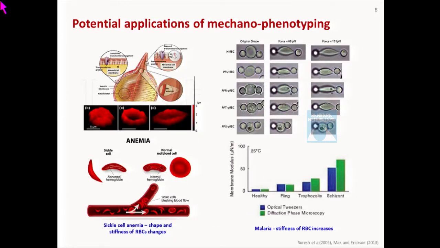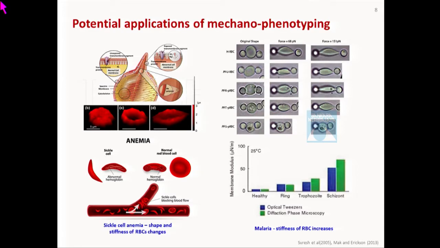So you can look at what happens in case of sickle cell anemia. Typically, if you look at the structure of an RBC, if you take a cross-section, it looks like a dumbbell. And when you have sickle cell, the structure and morphology of the cell changes. It looks like a crescent shape.